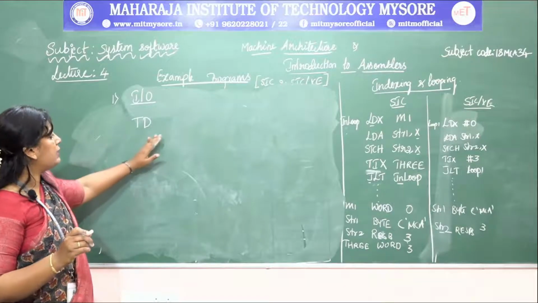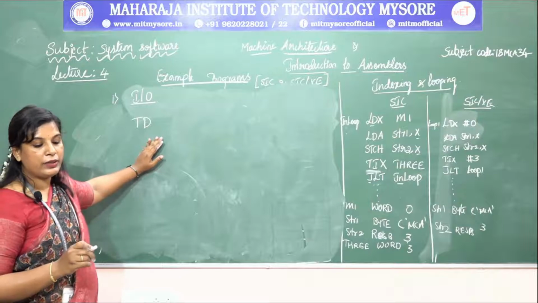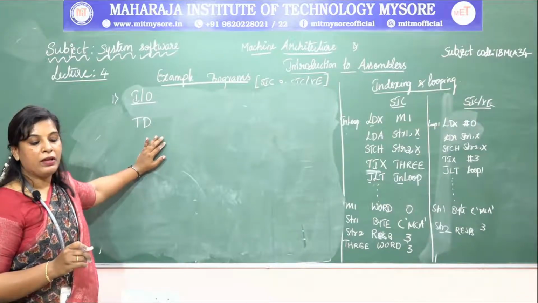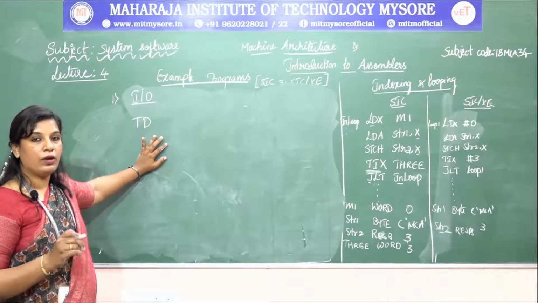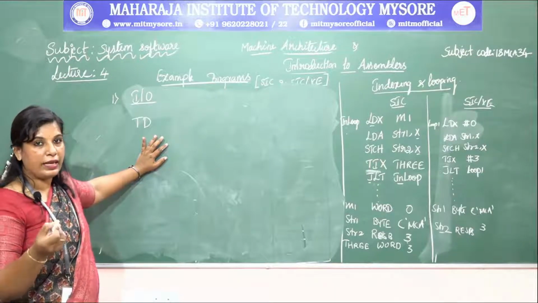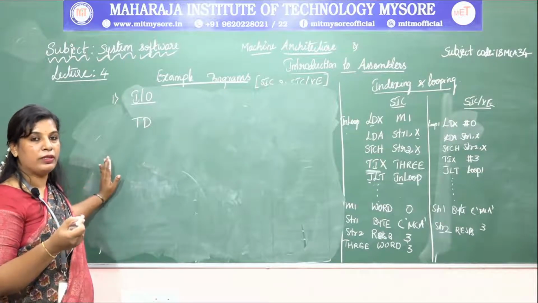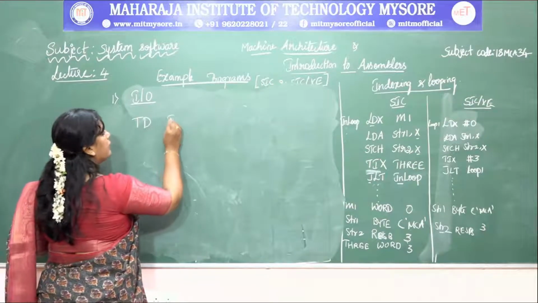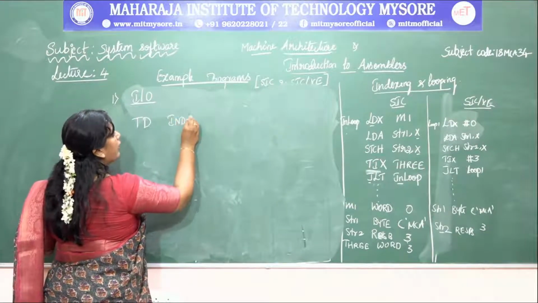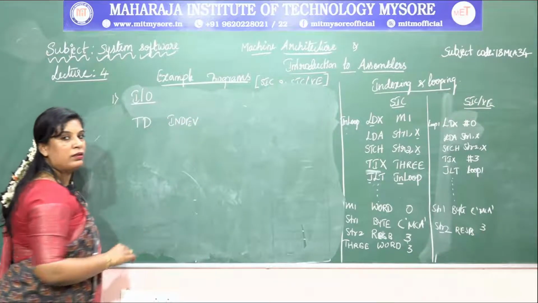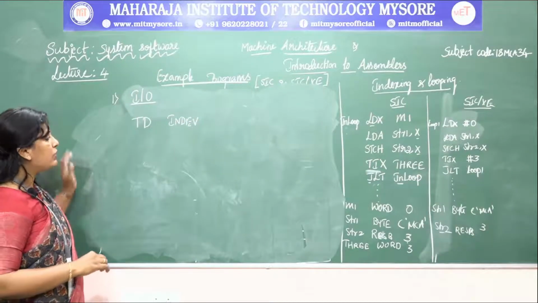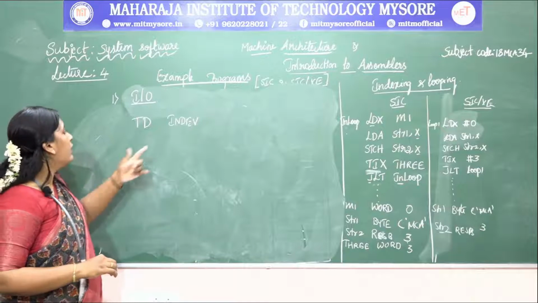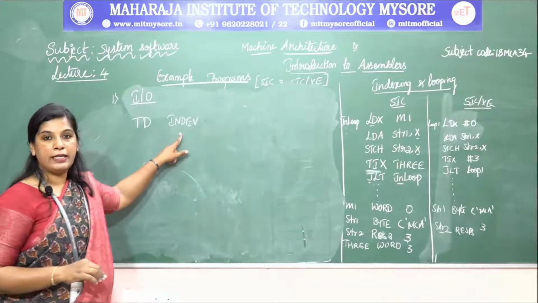So here, instead of using the number directly, I am using the device name, that is the memory name for storing the device identity number. I want to test the input device name here, INDEV. It is going to test whether the device is ready or not.